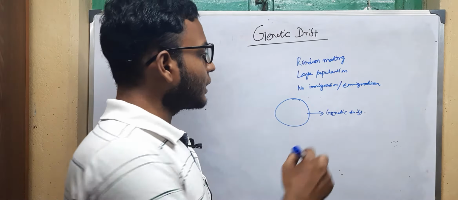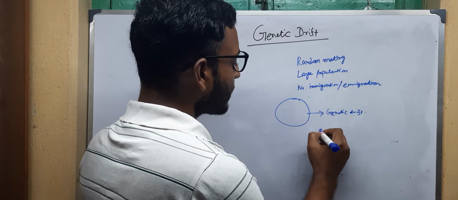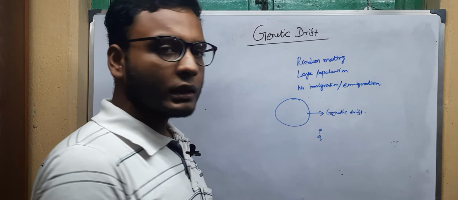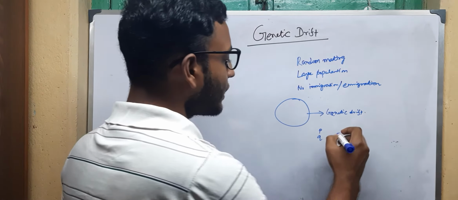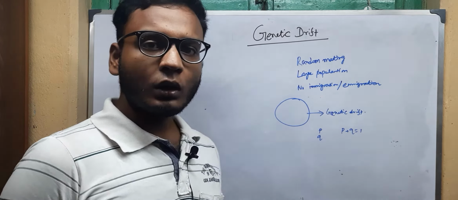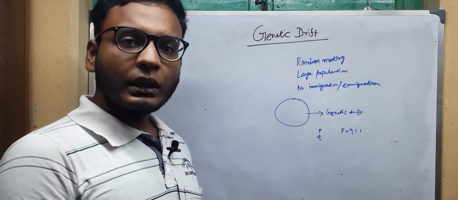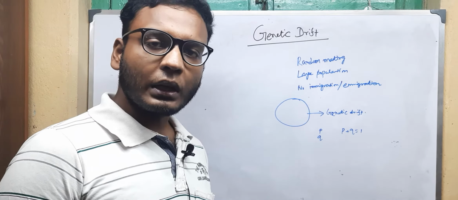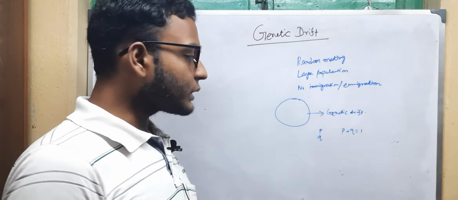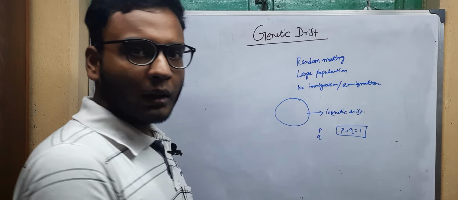Drift means we have learned that if two alleles P and Q are present in a population, the sum of P and Q is 1. So in every population these alleles tend to remain in such a proportion that the sum will be 1.